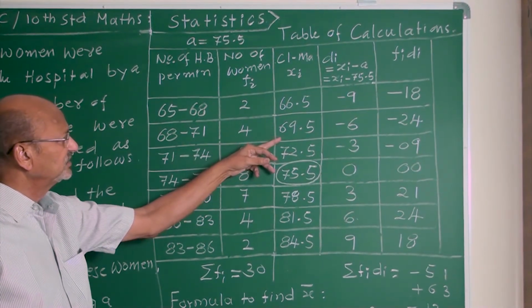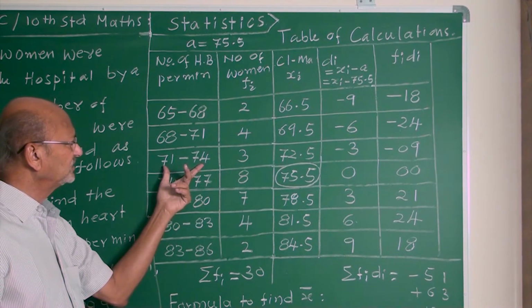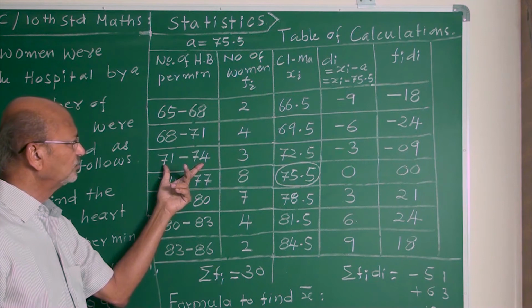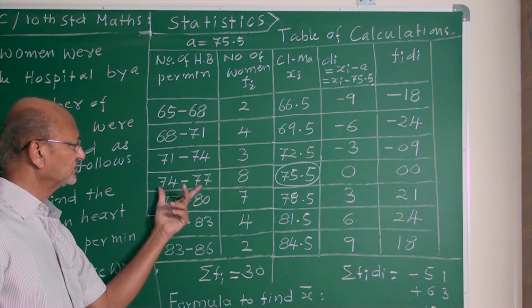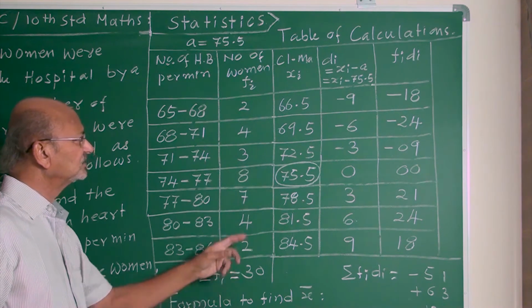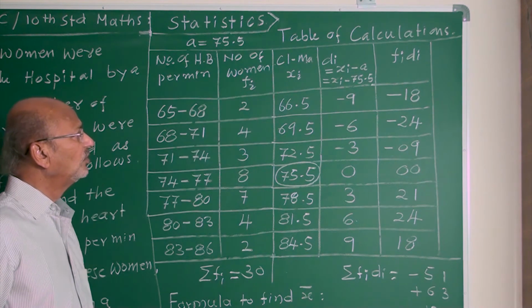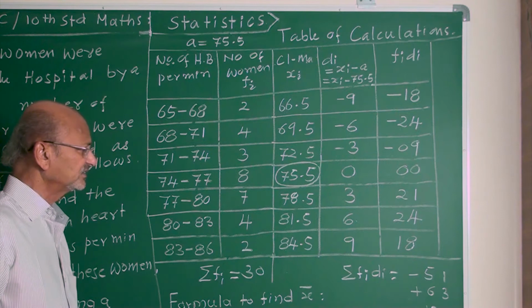Next, 69.5. 71 plus 74 is 145 upon 2, 72.5. And 75.5. Like this, you know this is the class mark, denoted by Xi.